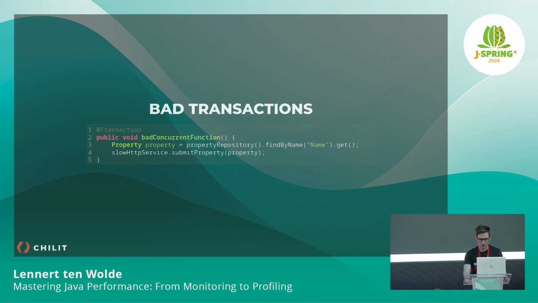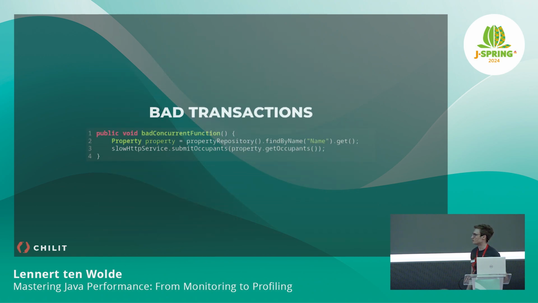So what do we do? Well, we often see this because we have foreign keys in our code. Let's look at another example where we have a foreign key from, let's say, a property to its occupants.